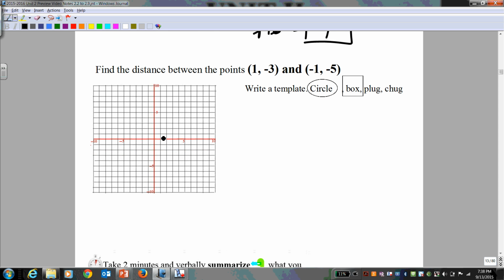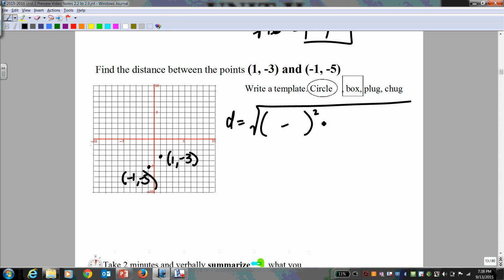Let's try this one. 1 and -3. And -1, -5. Distance equals giant square root. Subtract the x's squared. Subtract the y squared.